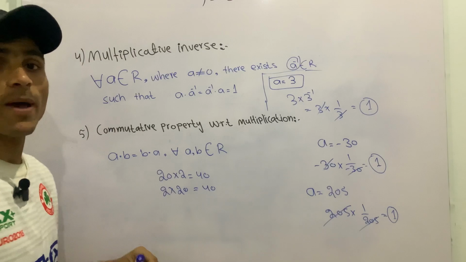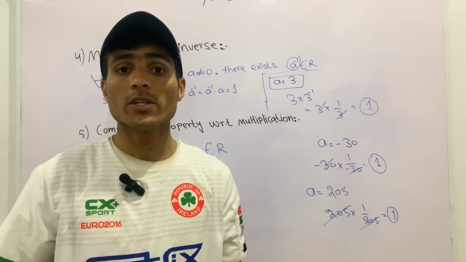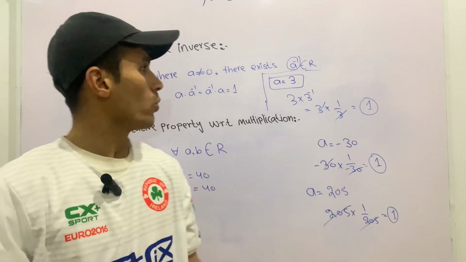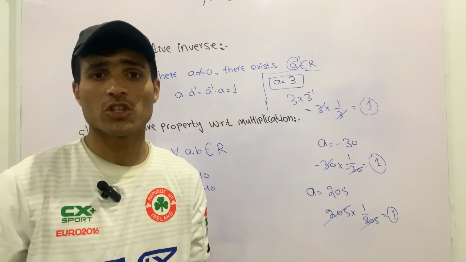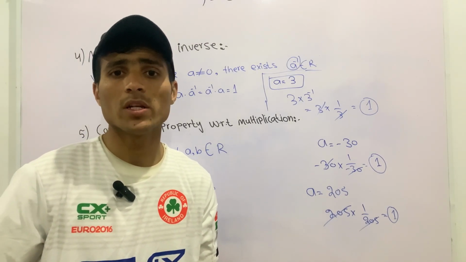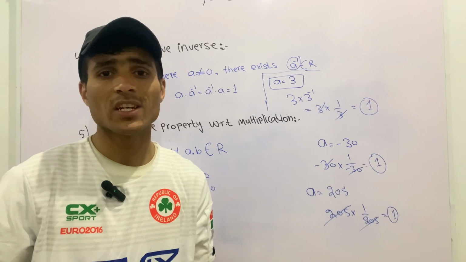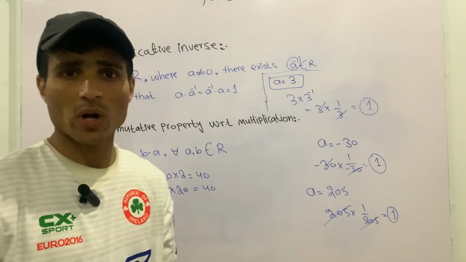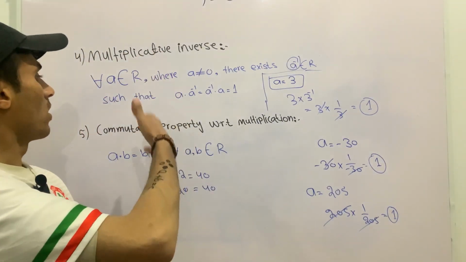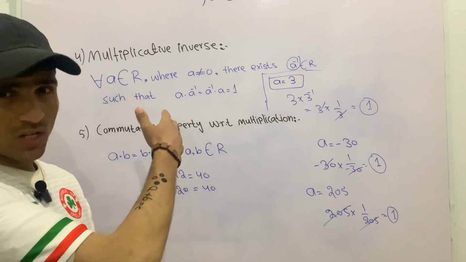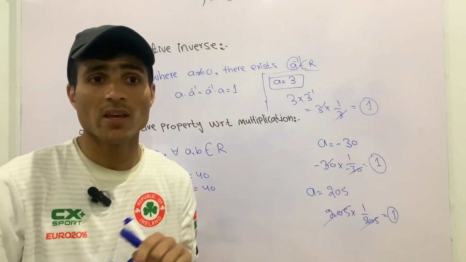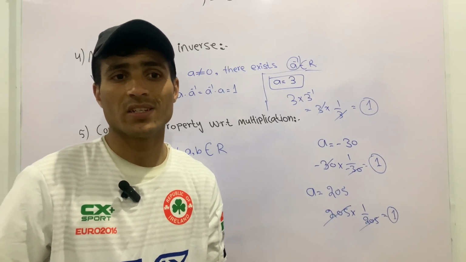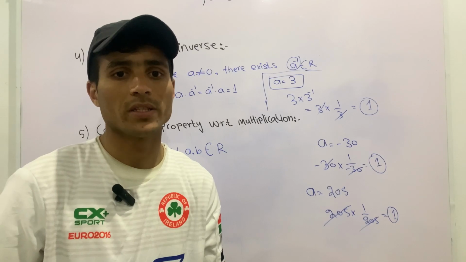So this was all about the real numbers properties with respect to addition and with respect to multiplication. We'll also learn in the coming lectures about equalities properties and inequality properties, I think 7 or 8 properties, in addition to those I have mentioned here. But we will study them after we study the equalities and inequalities, okay?